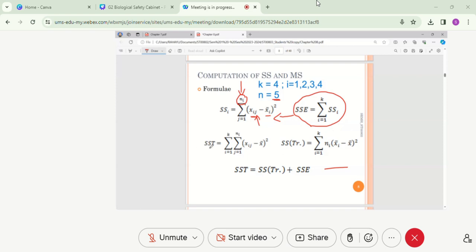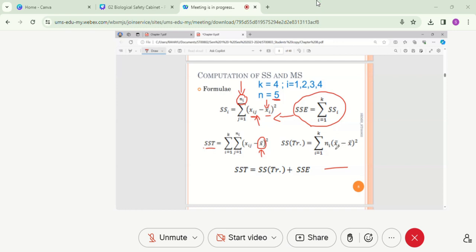Whereas for the sum square of total, you find the square deviation of each of the variables from the grand mean. You can see here the X bar without the subscript; the one with the subscript is the mean for each group, and this one is the mean for all of the observations.